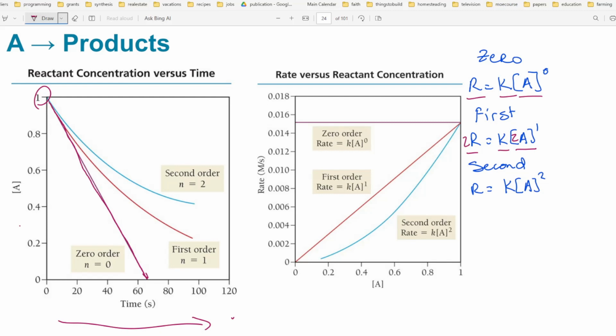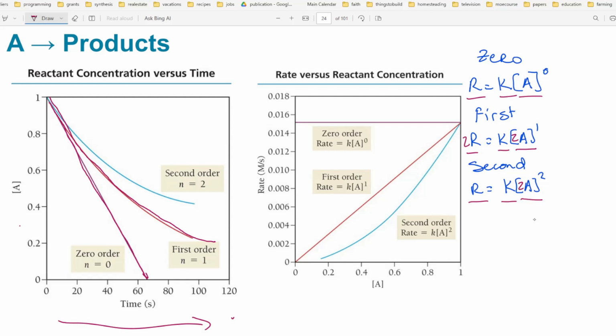And so what we see here is that we're starting with a certain amount, we could say 100% of our starting material, but as the concentration begins to level off, then over time also the rate of the reaction slows down. In the next example, we have a second order reaction where the rate is equal to some k times the concentration of A squared.